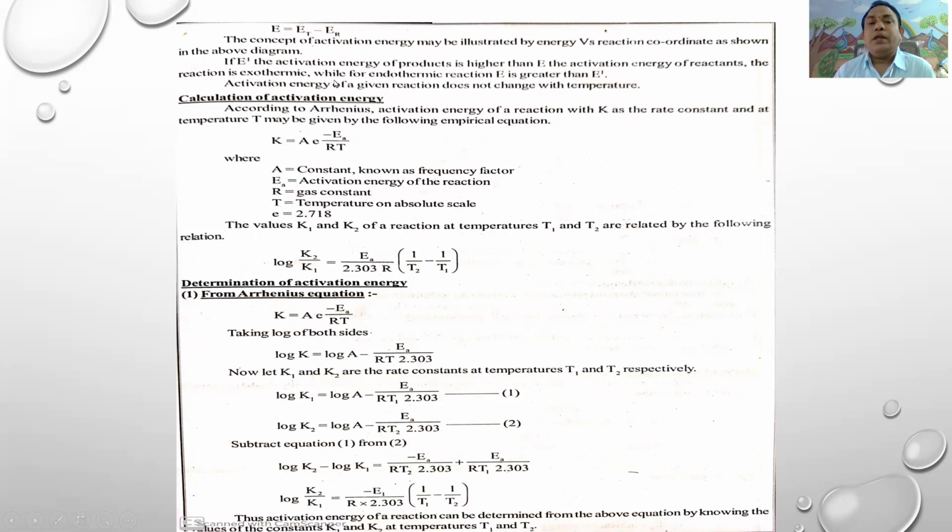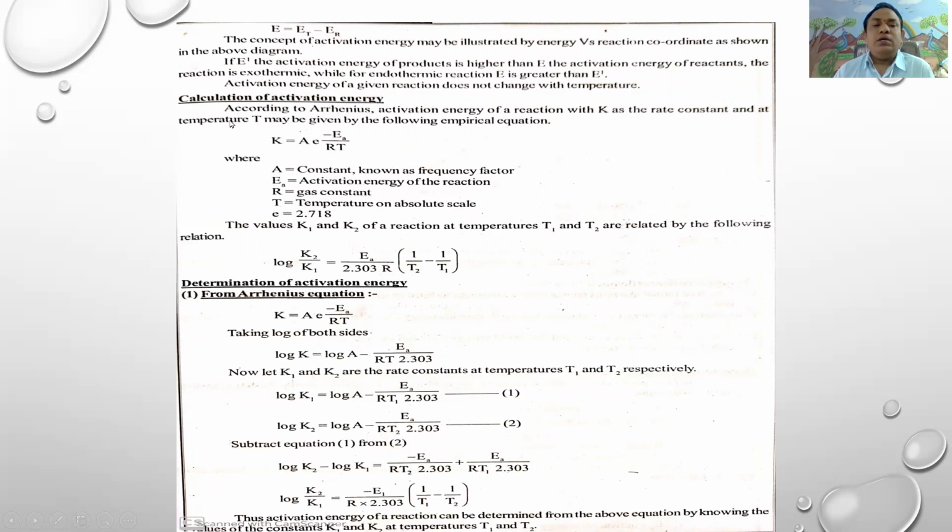While in endothermic reactions, the activation energy of products is less than that of the reactants, which means ER is greater than EP, or EP is less than ER.